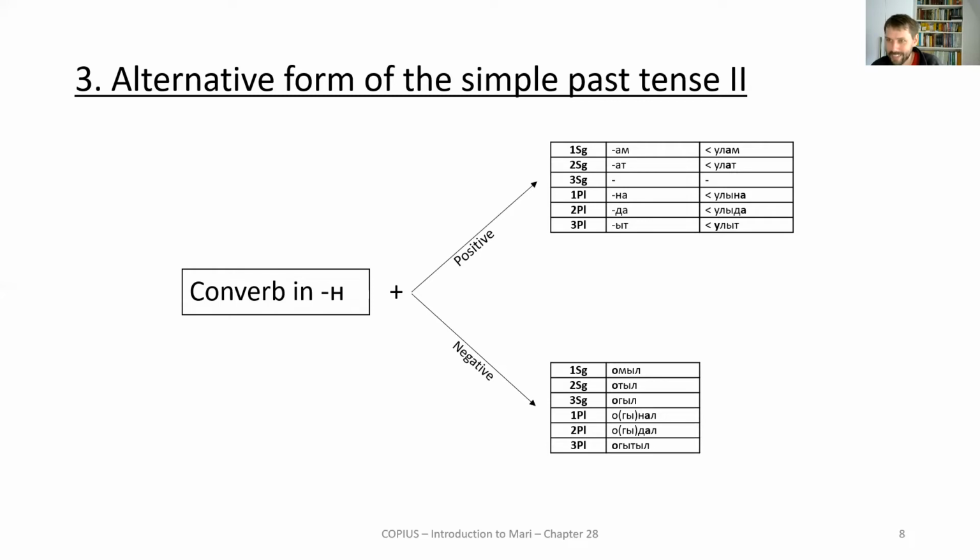But the thing is that the endings of the simple past tense two are endings of a first conjugation verb regardless of the conjugation class of the basic verb. And we can only see the conjugation class on how the converb that's at the core of this is formed. So, okay, this is just the history of it that is absolutely transparent in the negation, and can still be untangled in the positive forms.